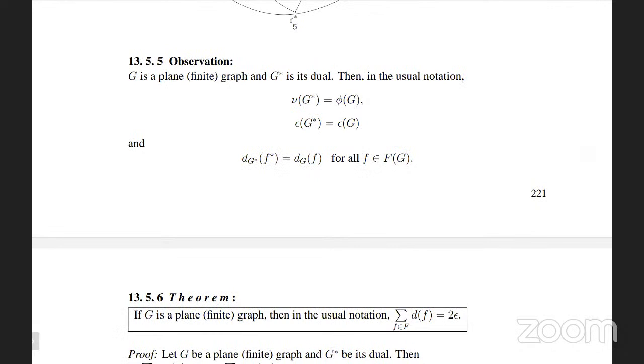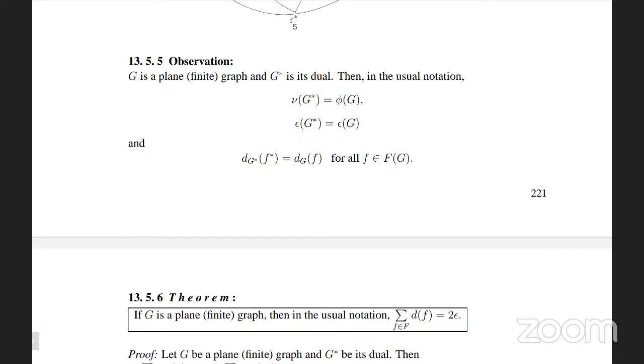Then the usual notations: the vertices of the G star are clearly faces of the graph G only, and the edges of the G star are also edges of G only.